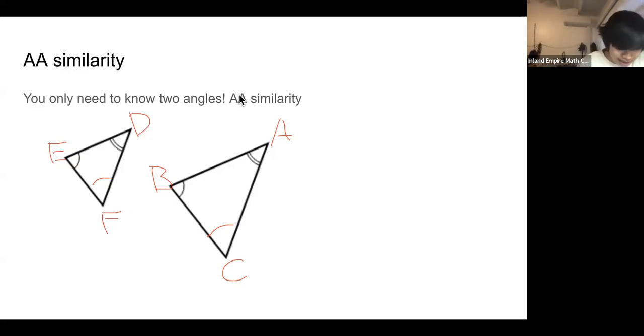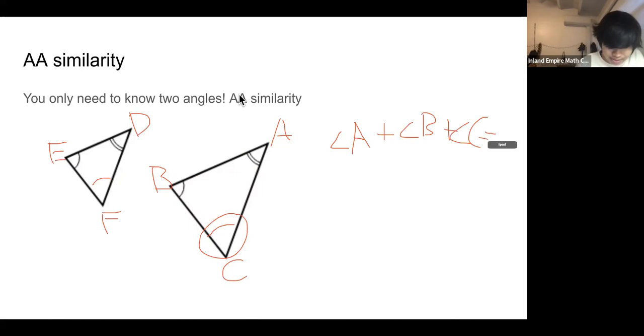So angle A, which is just this angle right here, plus angle B, which is this angle here, plus angle C, which is that angle over there, equals 180 degrees, right? Does everyone know why exactly it equals 180 degrees?